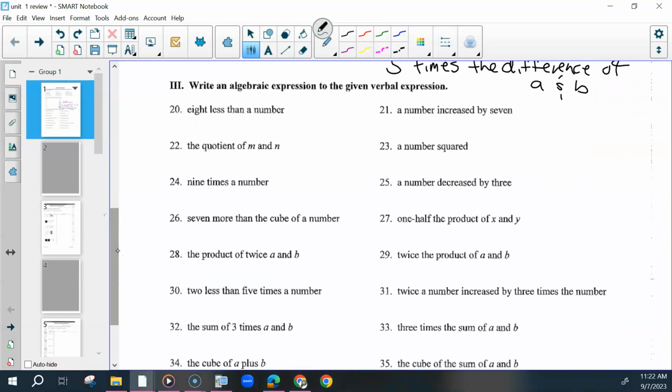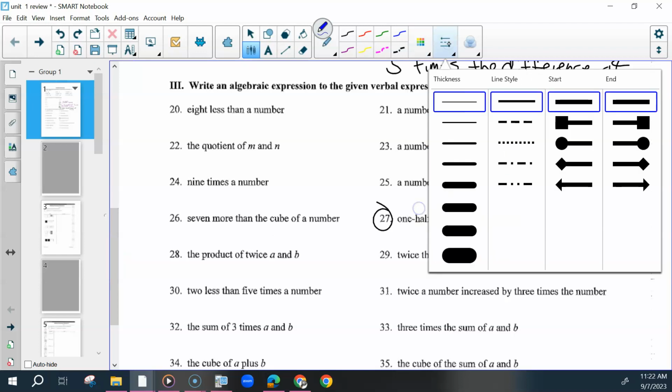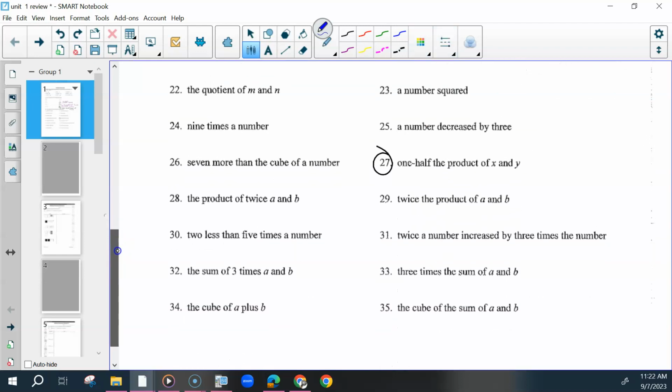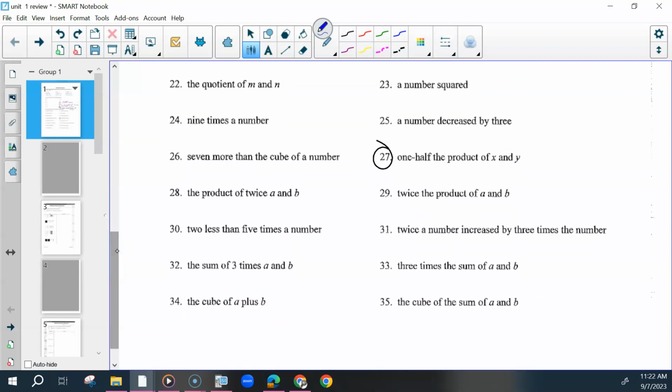Questions in 20 through 35? Right now. 27. Any others in this section?